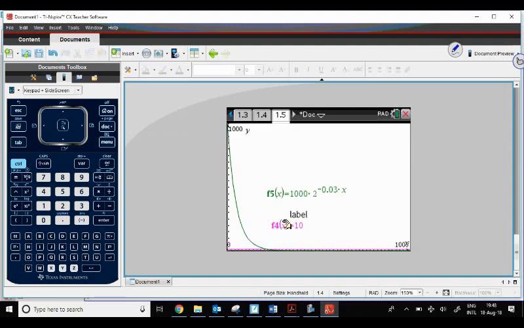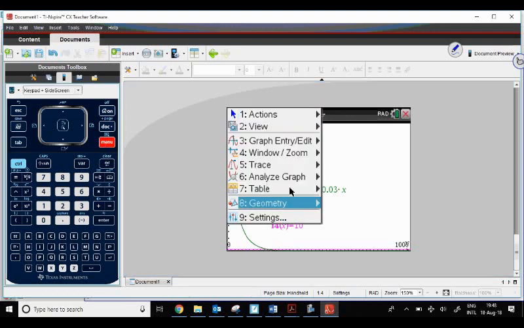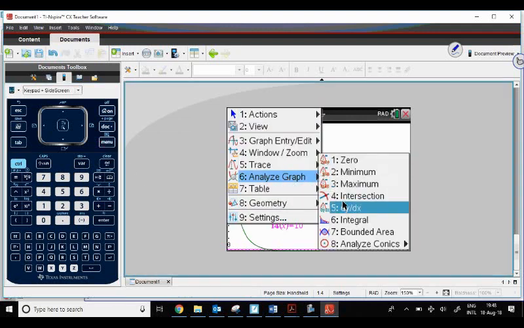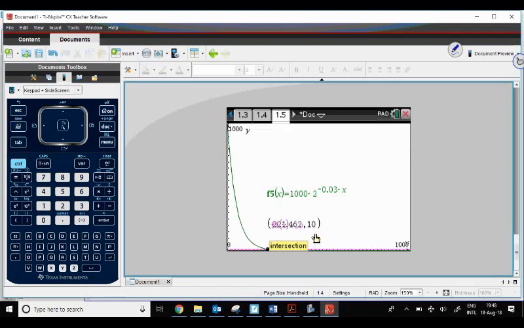You can almost see, if you look really closely, that the pink function, the horizontal line, is right down there. So they actually do intersect someplace around right here. So let's find the intersection. Oh, it's right there. I was hiding behind the function name. So it's going to be at around 221 years. Cool.